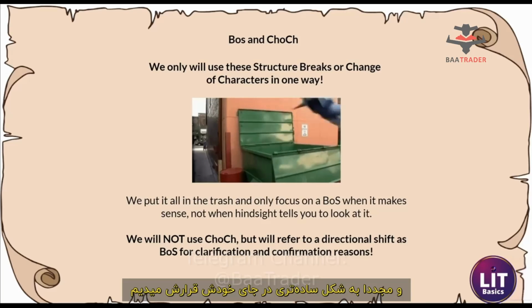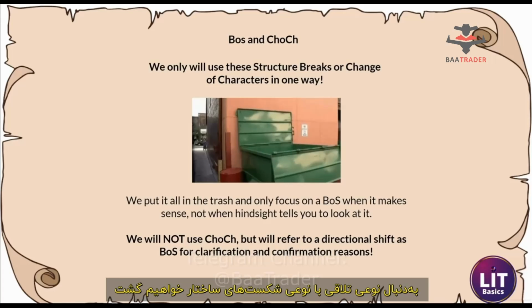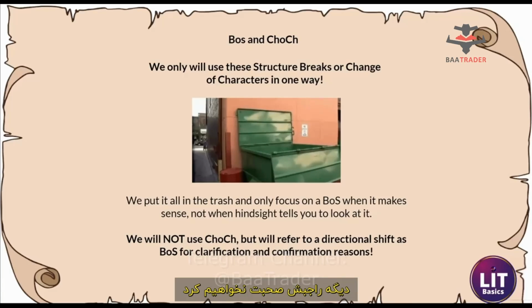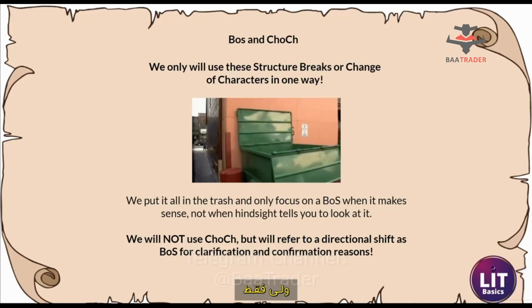We put it in a simpler way, after we have other confluences, and only then do we look for some sort of confirmation with a break of structure. We never will use CHoCHs ever again. You will not have us speak about it after this. So CHoCHs are gone. We will only use it for other confirmations, and we just call it a break of structure.